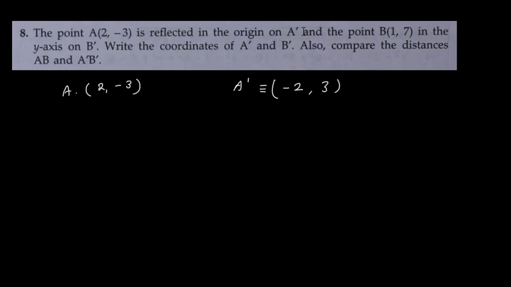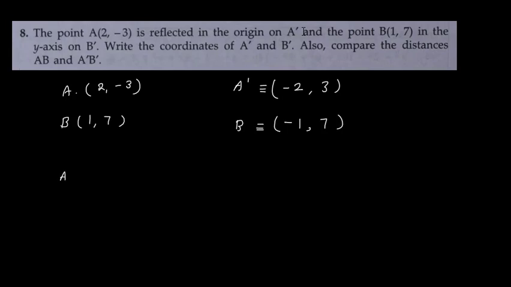Both x and y coordinates will change. And the point B, similarly, point B is given as 1, 7. And the point B is reflected in the y axis to B dash. So B dash, being the reflection in the y axis, its x coordinate will change in sign, so it will be minus 1, 7. Write the coordinates of A dash and B dash. Also compare the distance AB and A dash B dash.